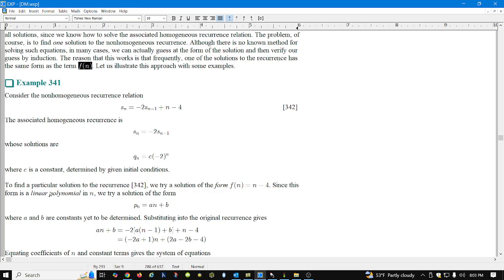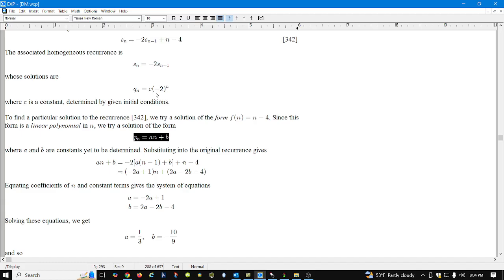To find a particular solution to the original non-homogeneous recurrence, we try a solution of the same form as f of n, which in this case is n minus 4. So what is n minus 4? It's a linear polynomial in n.